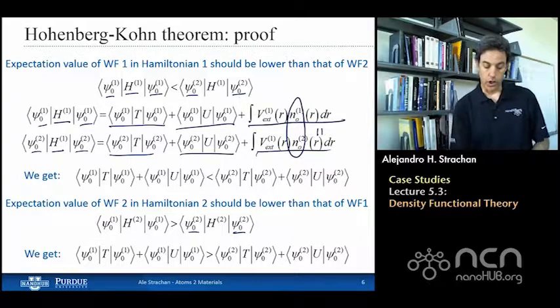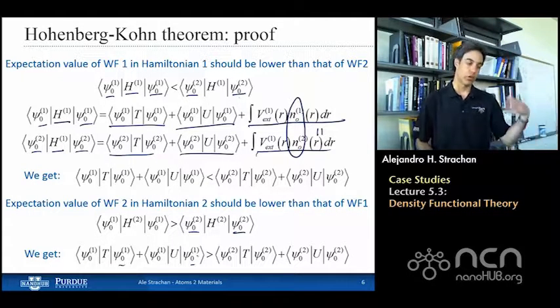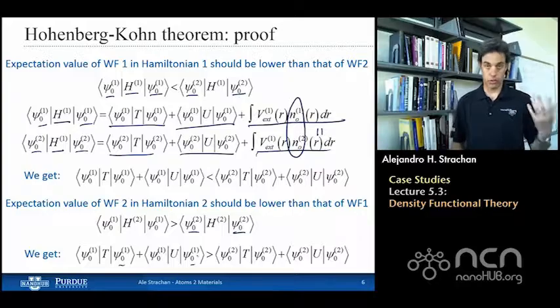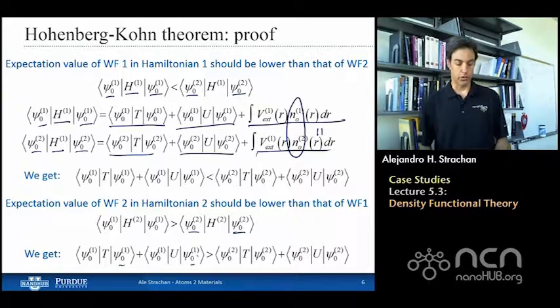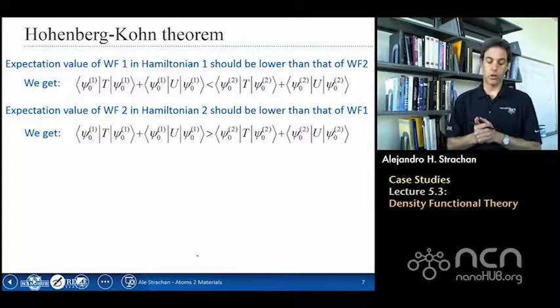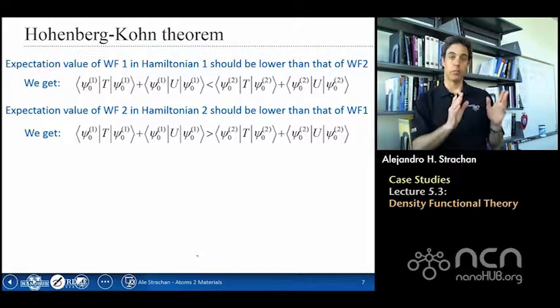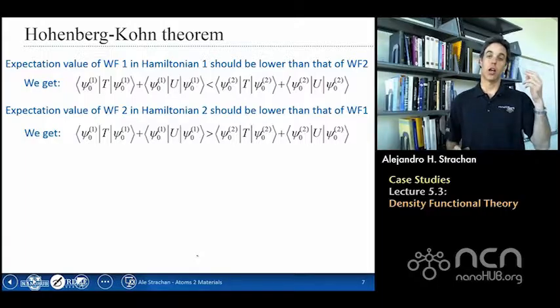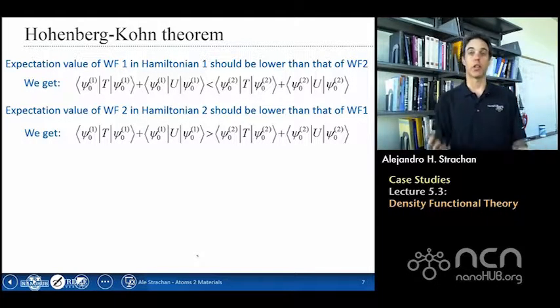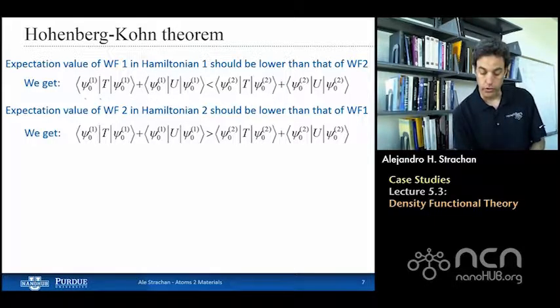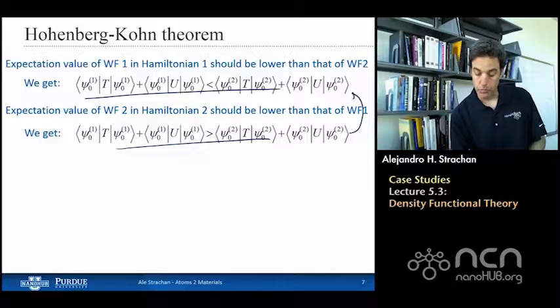So now, with wave function 1, the two homogeneous terms, kinetic energy and potential energy between electrons, need to be larger than with wave function 2. So, by making the assumption that two different potentials can lead to the same density, I arrive at an absurdity. These two things cannot be true at the same time.